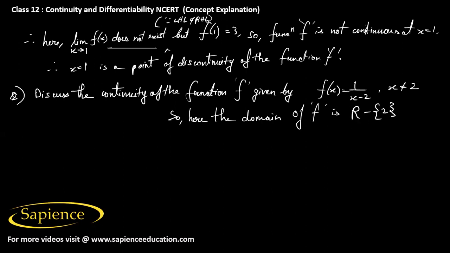It means that 2 is not included in the domain of the function f. So the domain of the function f can be written as minus infinity to 2 union 2 to infinity.